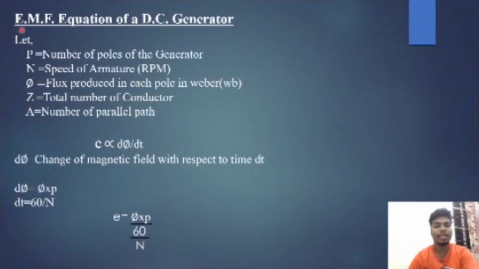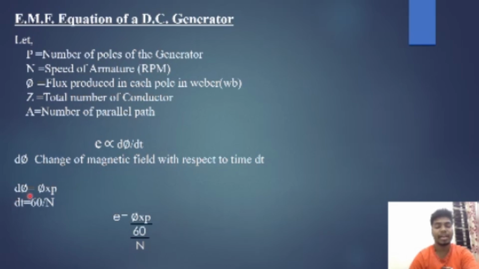Now let us understand the EMF equation of DC generator. Let P be the number of poles of the generator, N the speed of the armature in RPM, phi the flux produced by each pole in Weber, Z the total number of conductors, and A the number of parallel paths. Let us consider Faraday's law: E is directly proportional to d phi by dt, where d phi is the change of magnetic flux with respect to time.